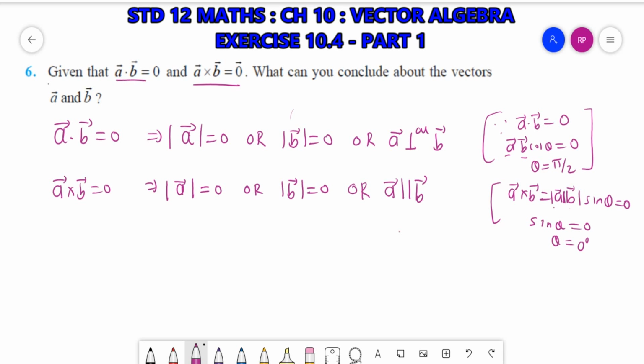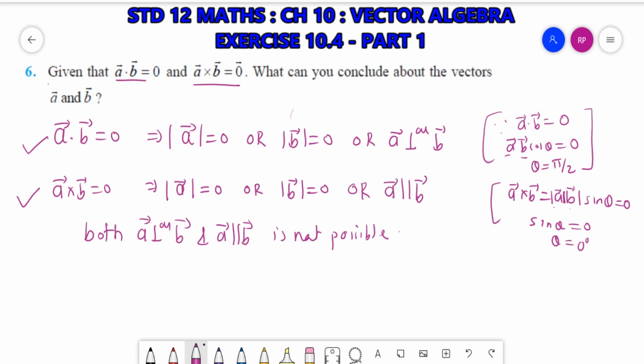Now, if I take both of these cases, here both are given, meaning A dot B is equal to 0 and A cross B is also equal to 0. So in this case, both A perpendicular to B and A parallel to B is not possible, because two vectors cannot be both perpendicular and parallel, right?